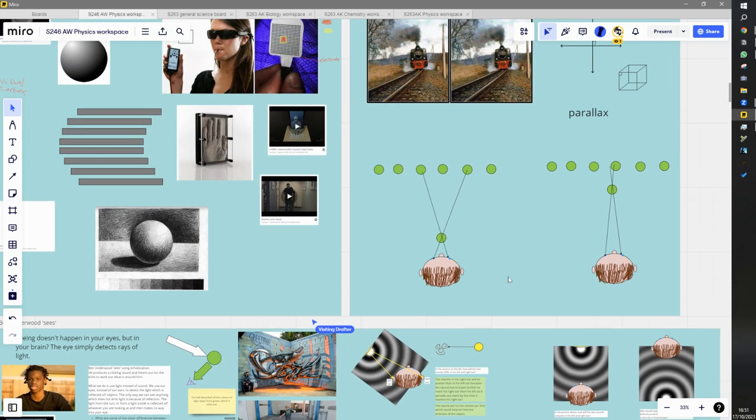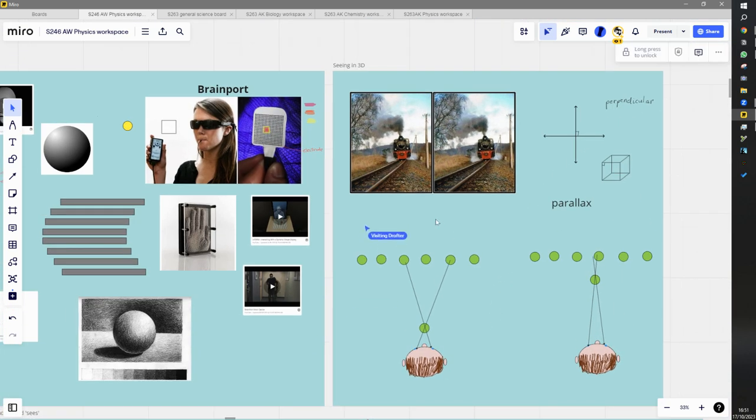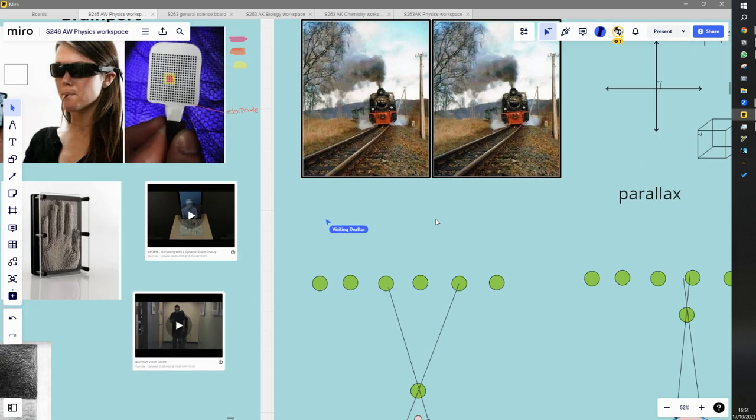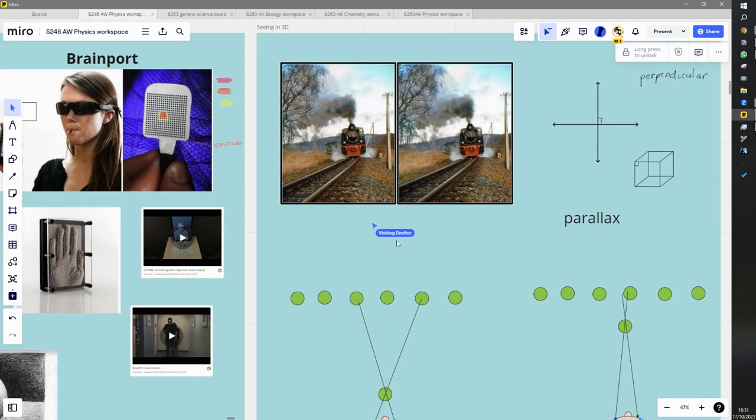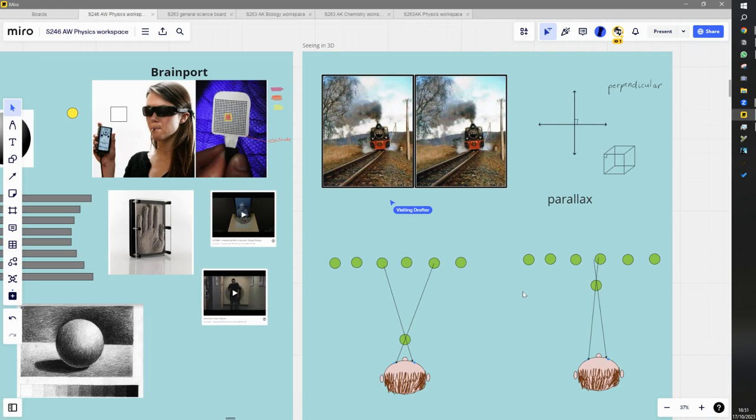And what I wanted to highlight is the fact that we don't actually really see in 3D. We feel like we know the world's 3D, and so we imagine, yeah, we see in 3D, but we don't see in 3D. We don't see depth. We infer depth. We make an assumption that it's there based on the fact that our left eye sees something a little bit different to our right eye.